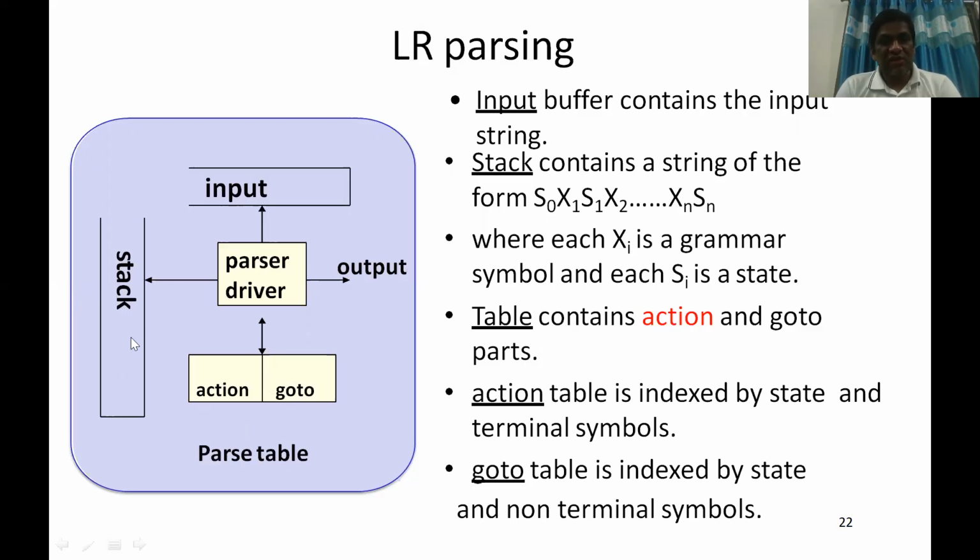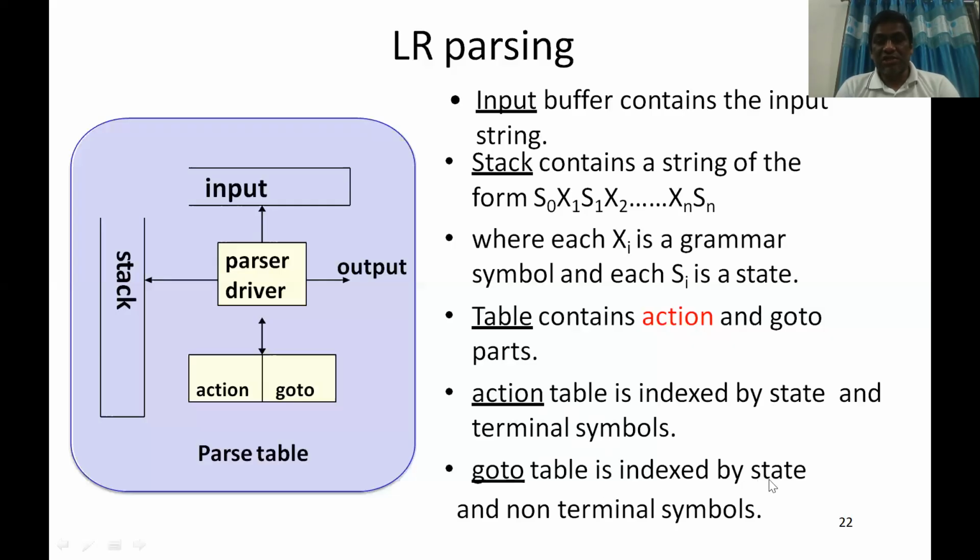And a stack is always connected with the driver program, and the input buffer contains the corresponding input string which we want to parse using the LR parser. The action table is constructed for states and terminal symbols, and the goto table is constructed for states and variables.